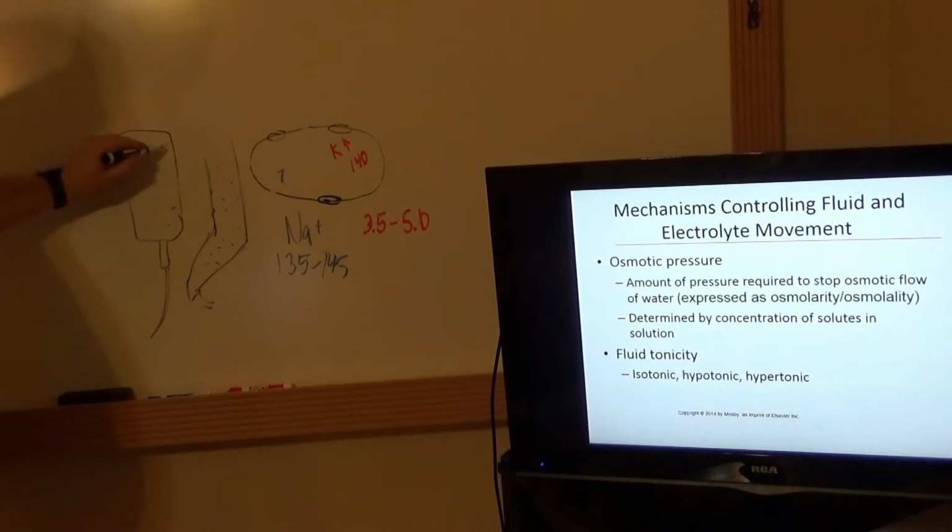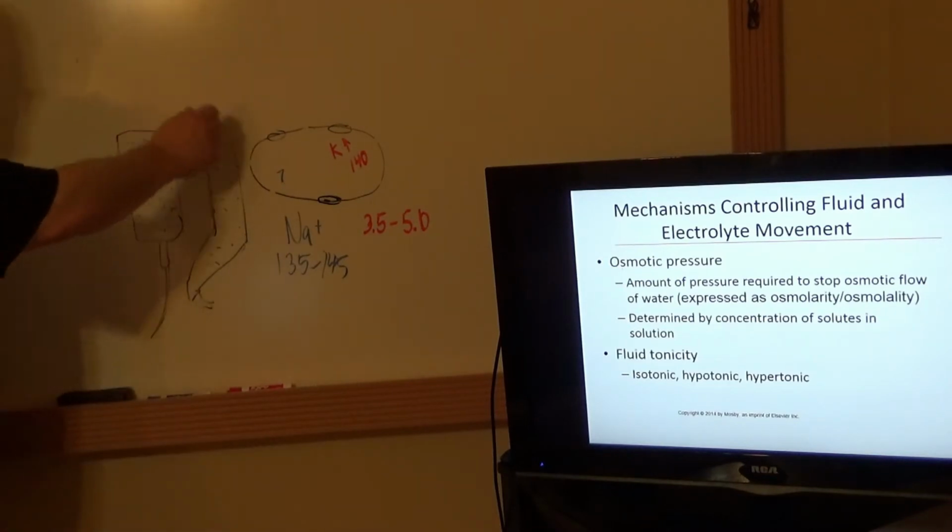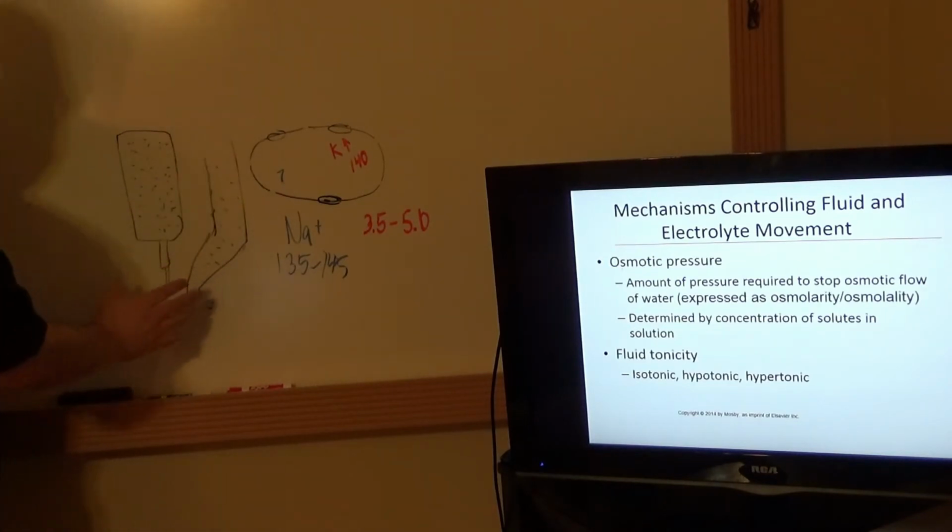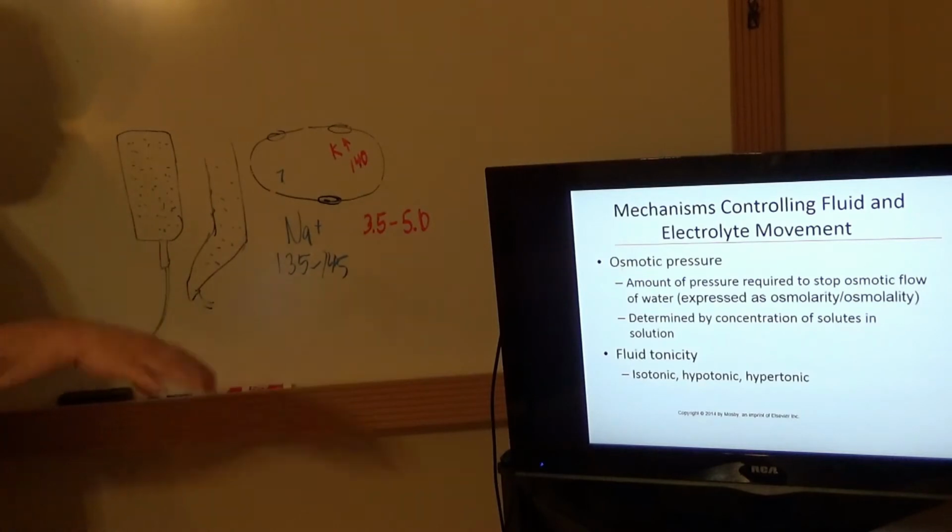Now let's say that you get a hypertonic solution. Right. Well, that's got more solutes in it than the person's fluid does. So our own body fluids will be less concentrated than the fluid that we're putting in.